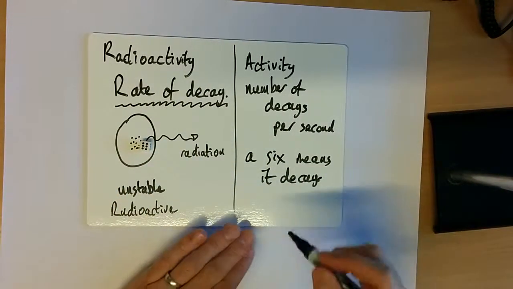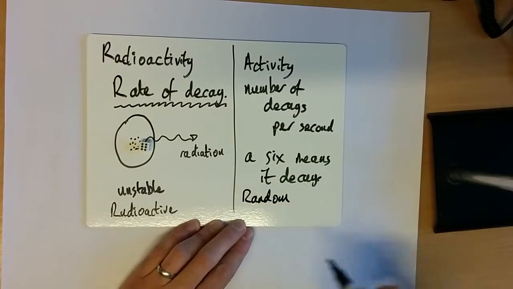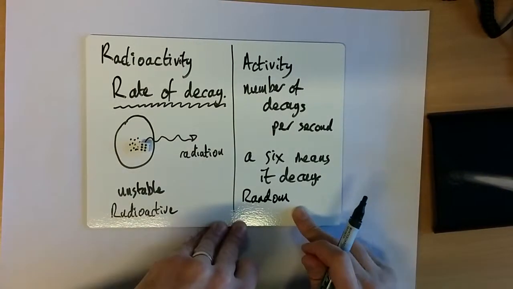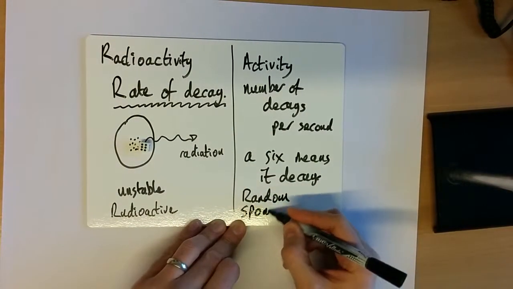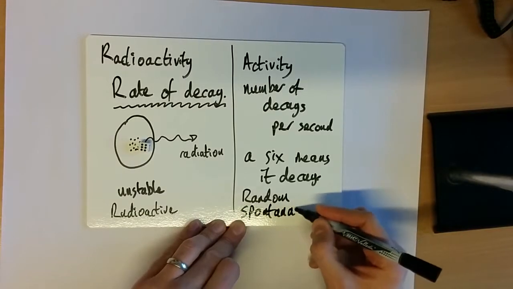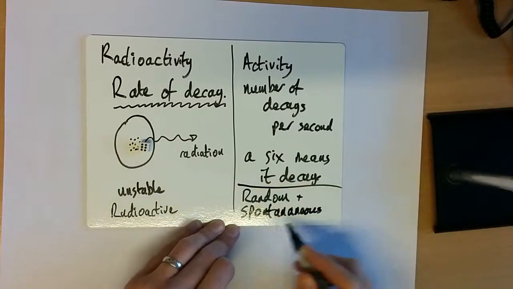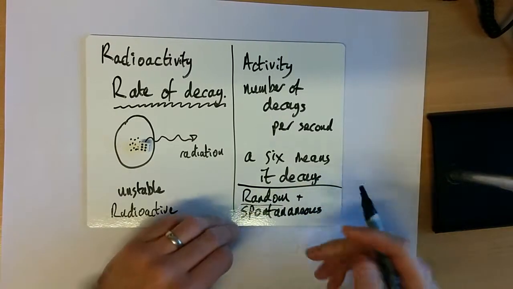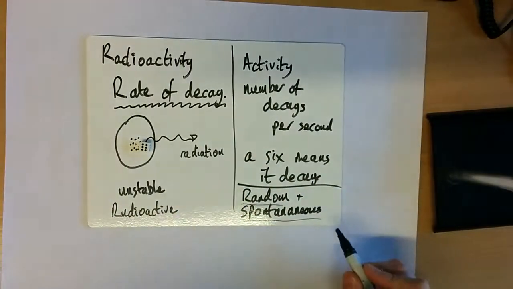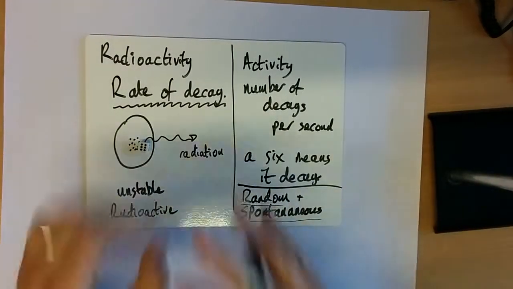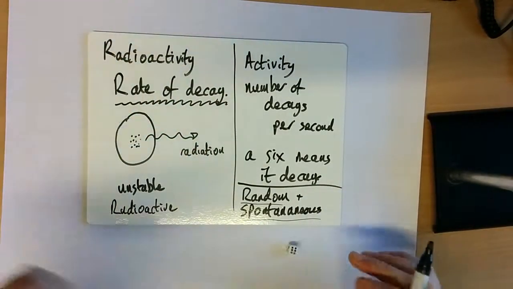Radioactivity is random. It is impossible to know when it will decay, and it is also spontaneous. Random means I don't know when it will decay, and spontaneous means I cannot make it decay. I cannot force this to be a 6.